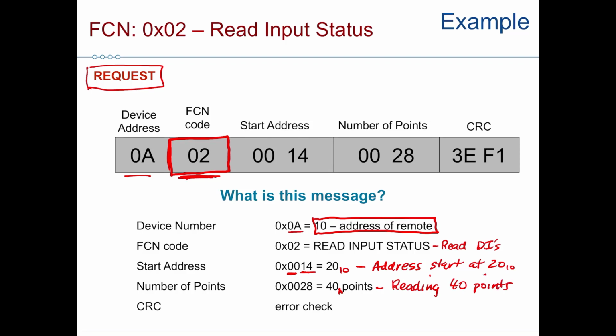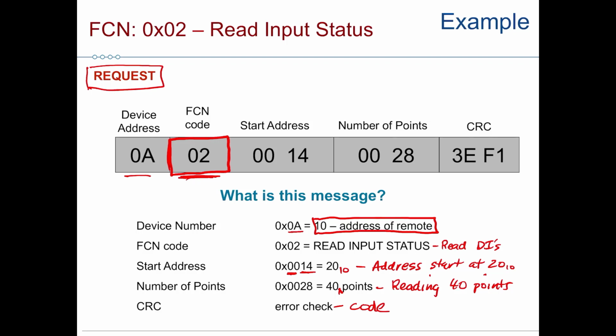And then lastly, you have your CRC. Now notice how the CRC hasn't been converted, hasn't been changed to decimal or anything like that. And that's because a CRC is a code. So being a code, there's no reason to convert it to a quantity or a number.